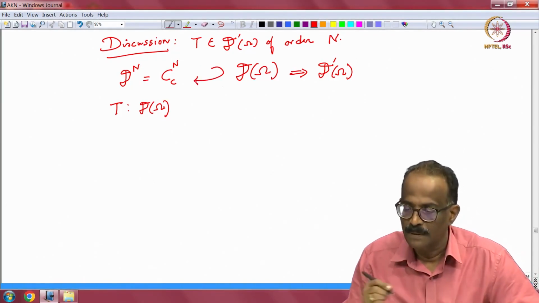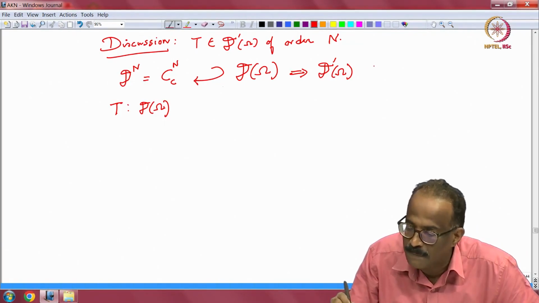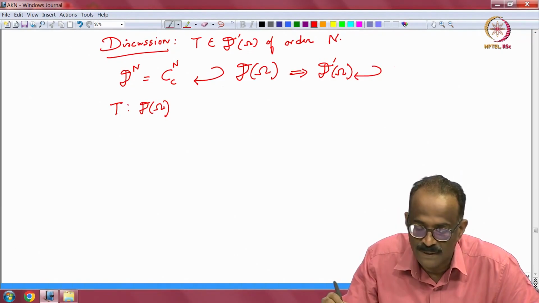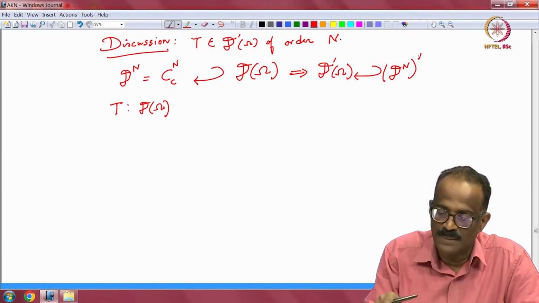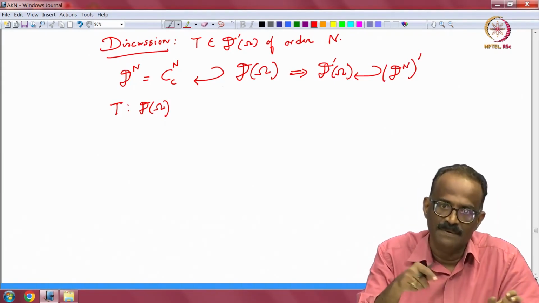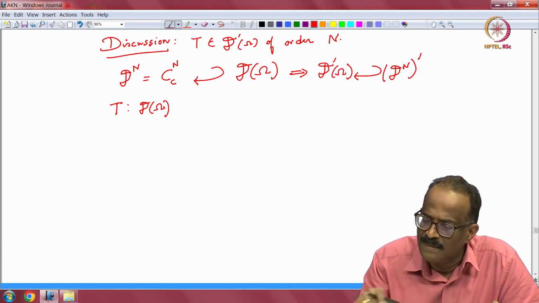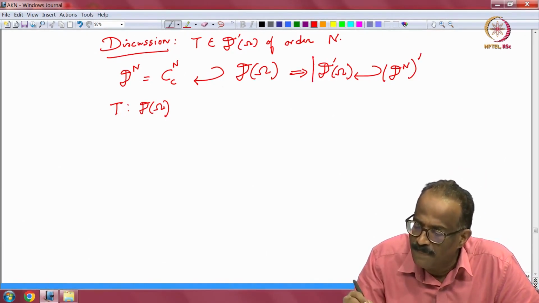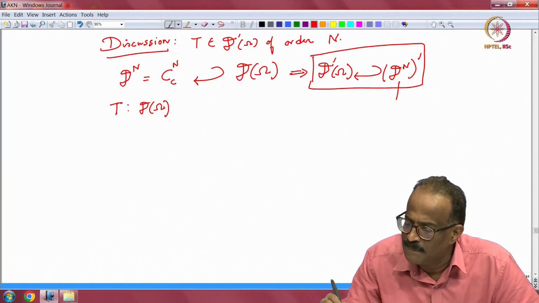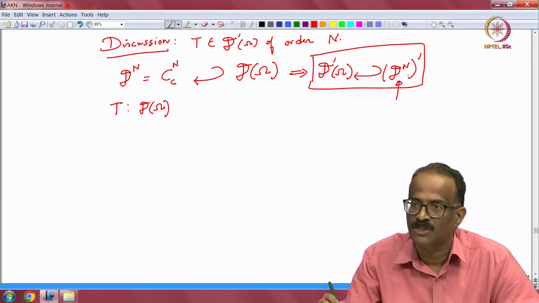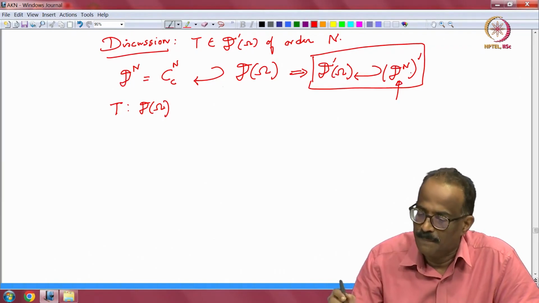This is correct. So this is contained in the D^n prime, you look at its dual. Because D(Ω) is of course dense in D^n, which we have seen, its dual will be some sort of, again, all distributions.